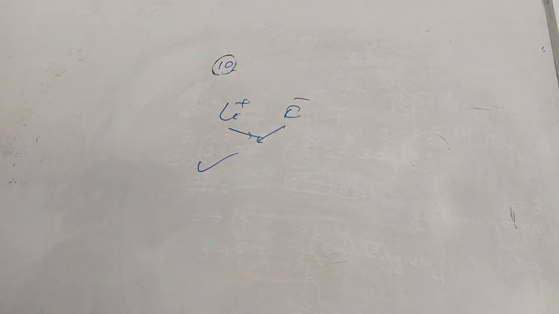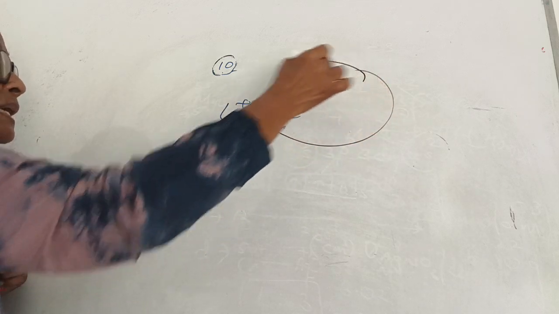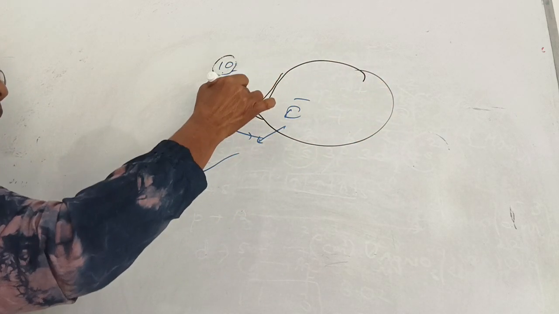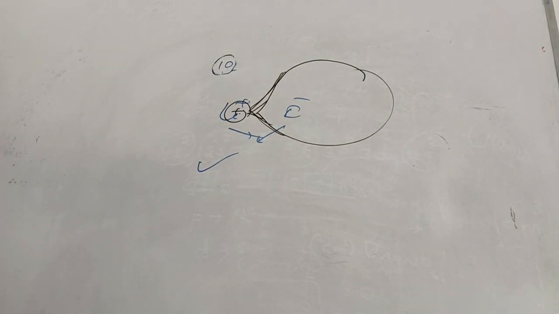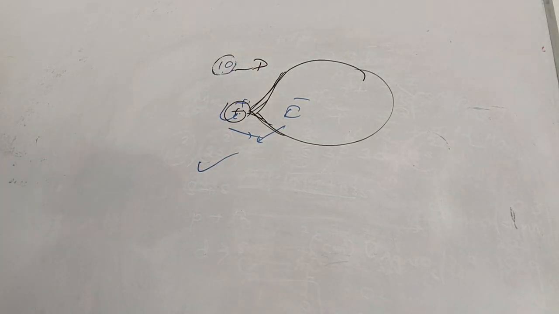Second, repulsive forces between like charges, yes. And some covalent bonding also, yes, because it is a big anion and a tiny cation, so there would be polarization or distortion. So for the 10th question, the best answer is D.